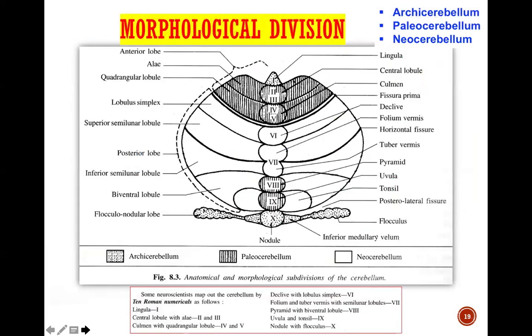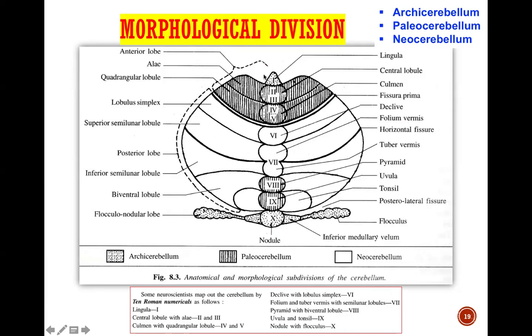Now, the morphological division. Just now we discussed the Roman numbers, and now they have given the Roman numbers in the morphological division. On the basis of the morphological division, the cerebellum is divided into three parts. The first one is the archicerebellum, the old type of cerebellum.